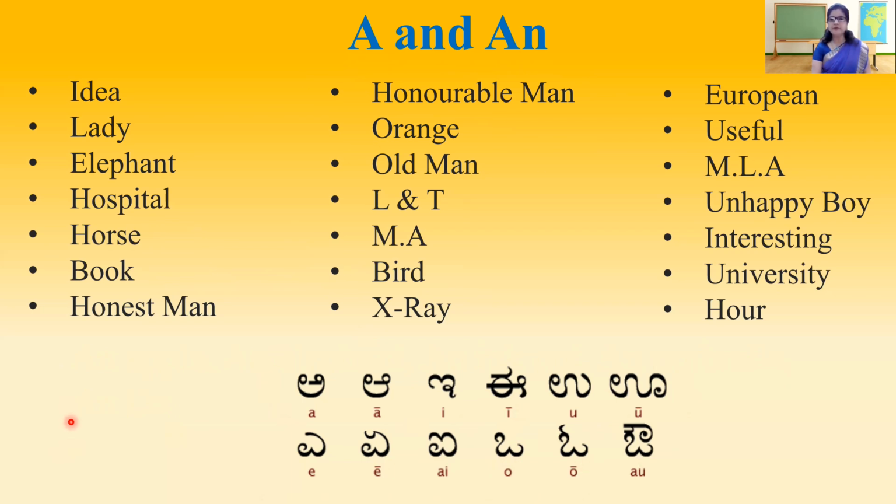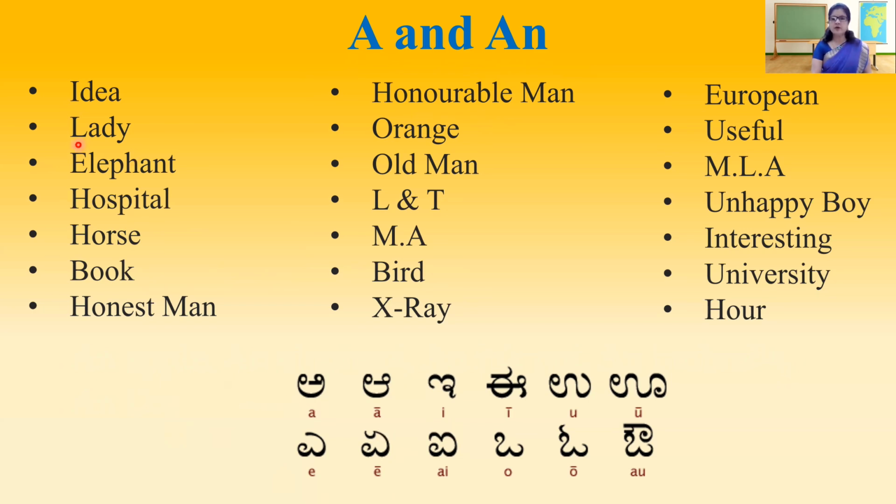With the help of these Kannada vowels, I will explain it to you clearly how to use a and an. For example, first word, idea. Here I is a vowel letter and it gives you vowel sound I. Then lady.